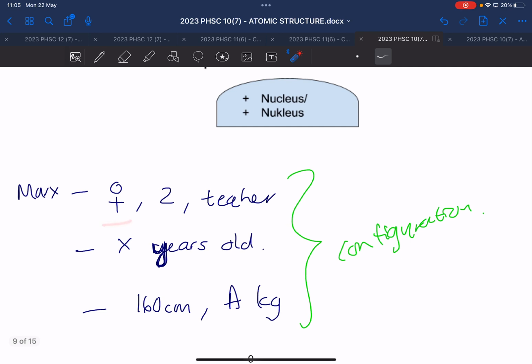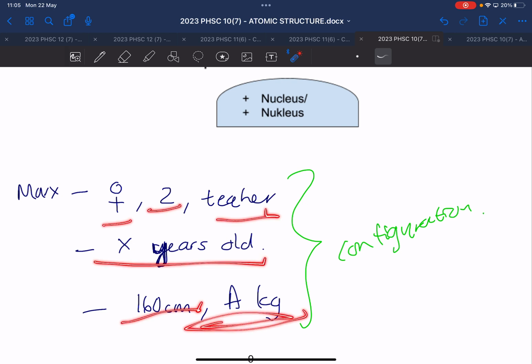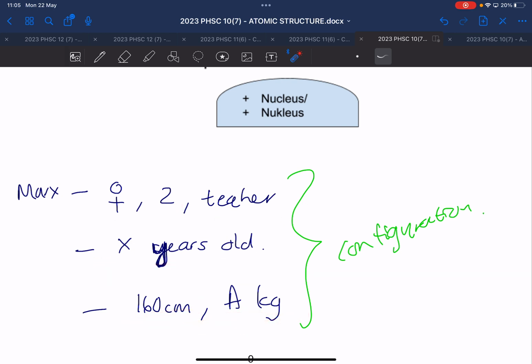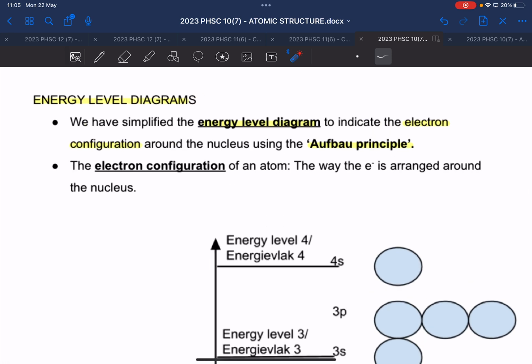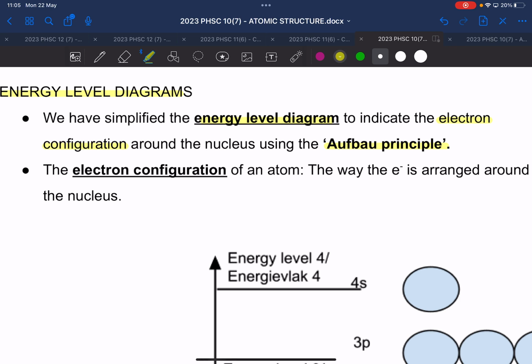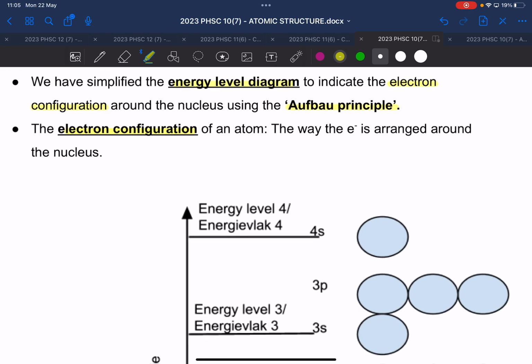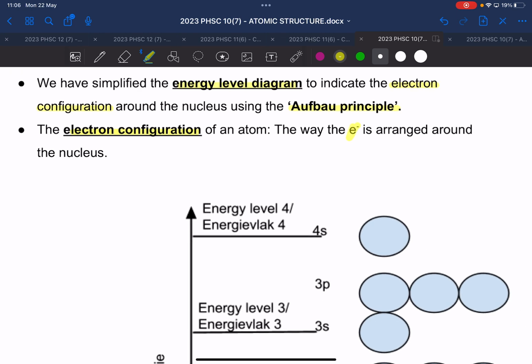I'm a lady, I have 2 children, I'm a teacher, I'm X years old, I am 1.6 meters, I weigh a certain amount. Okay, that is my configuration. That is what makes me me currently. So we can find the electron configuration for each atom, and each one will be different, and that is the way the electrons are arranged around the nucleus.